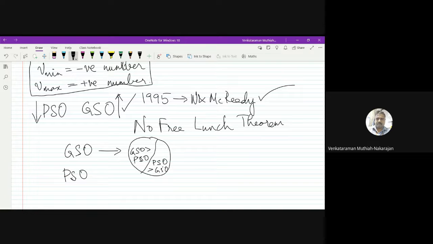So you cannot make a universal claim that you have found an algorithm that is superior over all the other algorithms. That cannot be claimed.